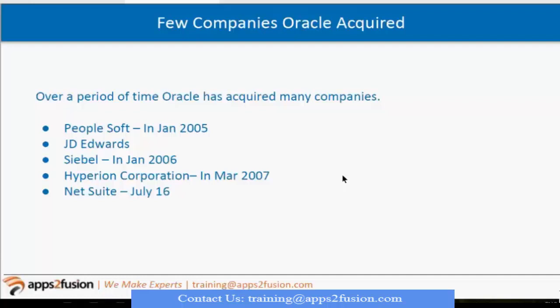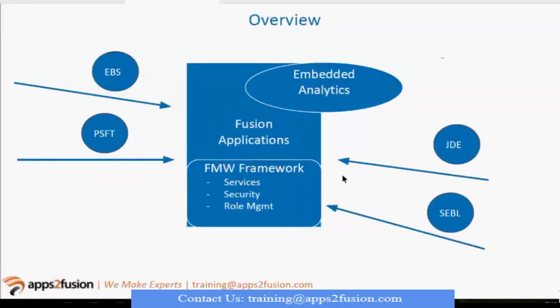It was officially launched sometime in 2011. Initially it was on-premise, and then they launched the Fusion application on cloud, popularly known as ERP Cloud or HCM Cloud.